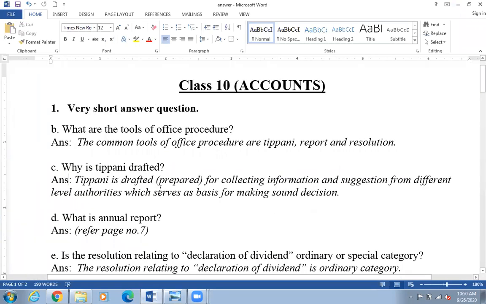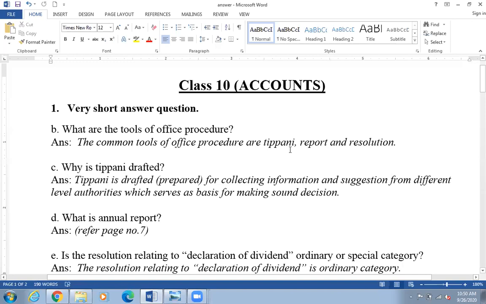Number B. What are the tools of office procedure? That means what are the things that we are going to learn in office procedure? What are the topics, the titles? The main essential thing that we need in office procedure is one, the tippany. We call it memo in English.